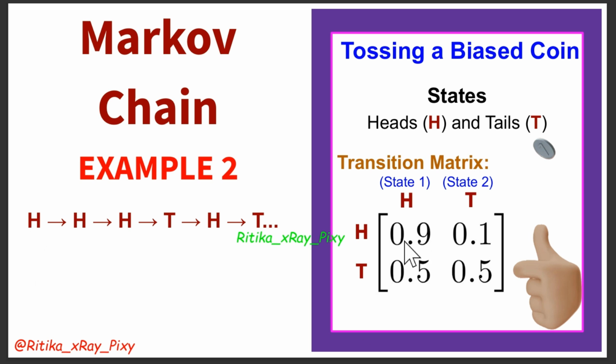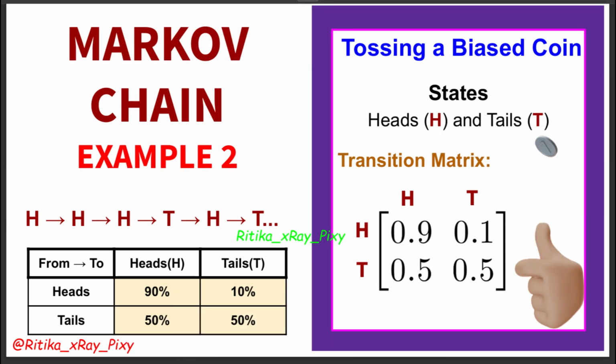In the transition matrix, there is a 90% chance that the next toss is heads again, and 0.1, that is 10%, chance that it is tails. In the second case, if the coin shows tails, then there is a 50% chance the next toss is tails again, and a 50% chance it is heads.